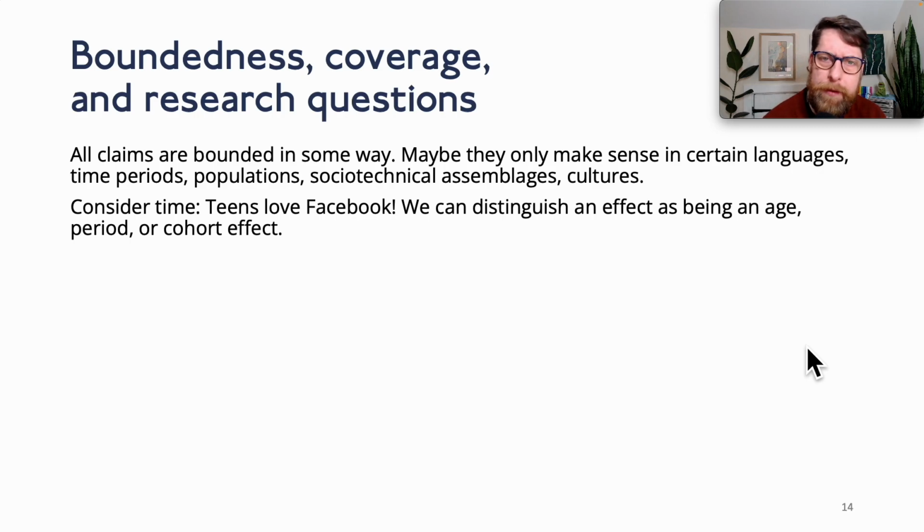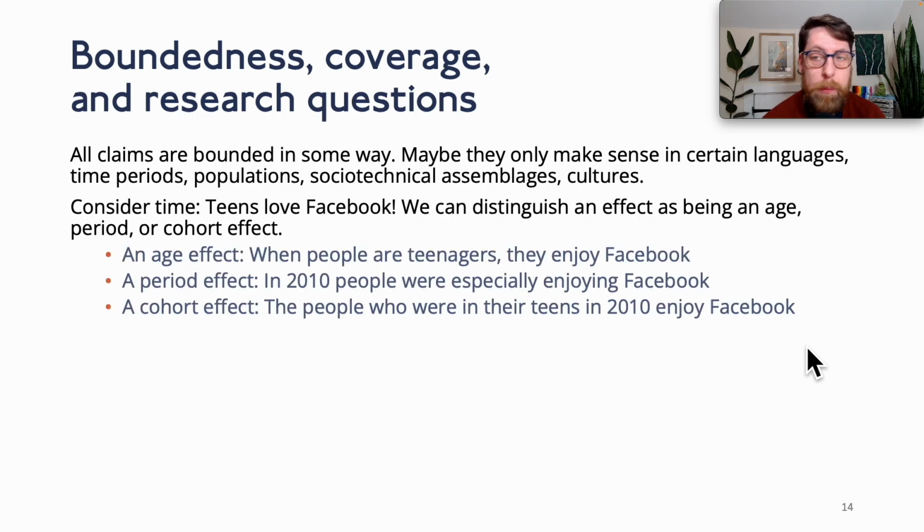Okay, are they still on Facebook? Do they still love it? Are the same teenagers there? Well, we can structure this in terms of boundedness and think about coverage in terms of age, period, and cohort. So an age effect is, we might say, when people are teenagers, they enjoy Facebook. Now, we don't necessarily believe that's the case anymore.